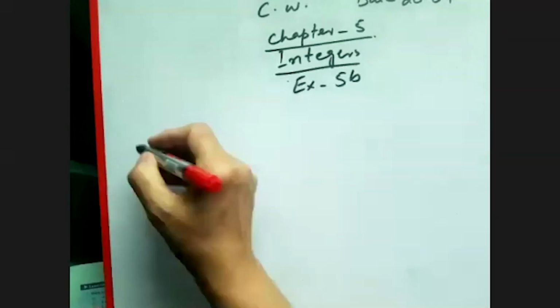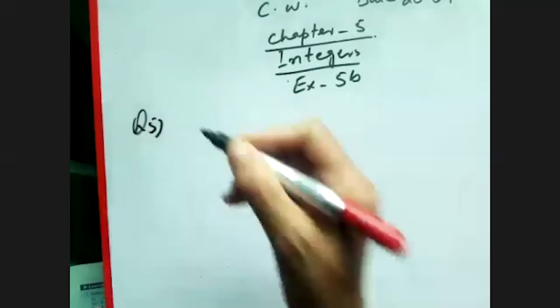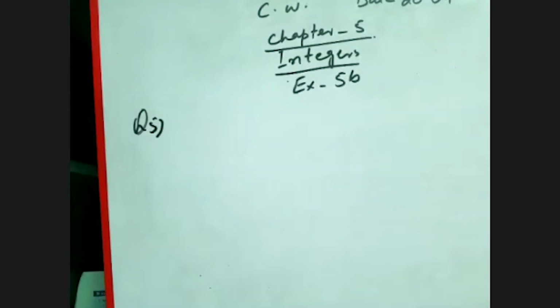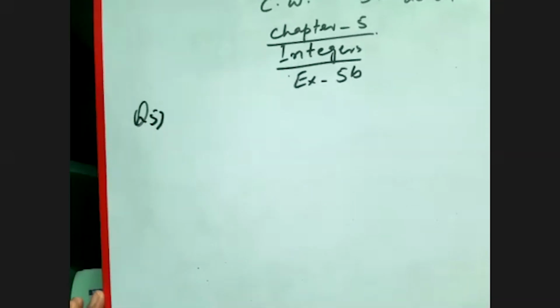Question number 5. The question is saying the product of two integers is minus 160. Product means you will multiply both the integers, and their product is minus 160. So I'm going to do the answer for you.